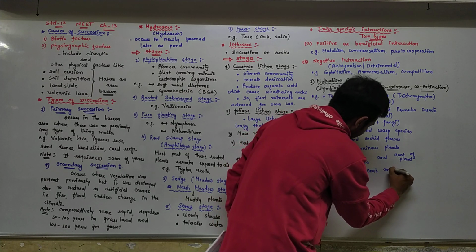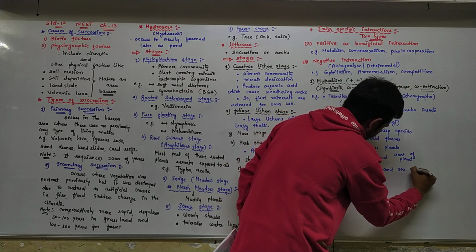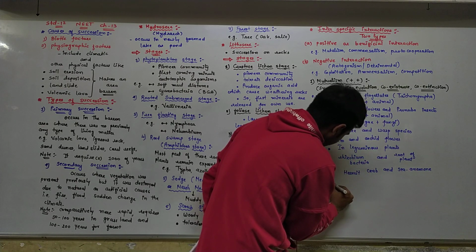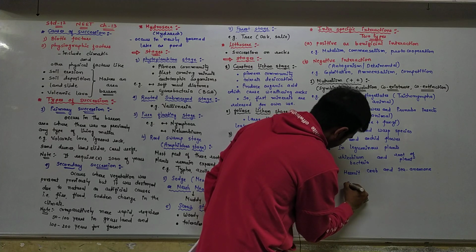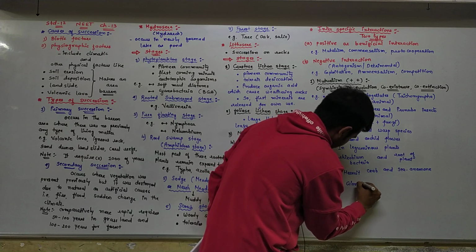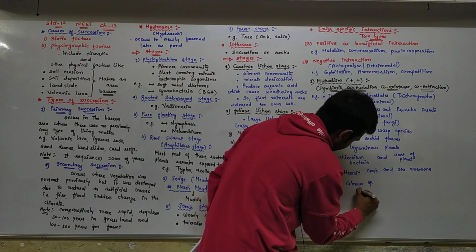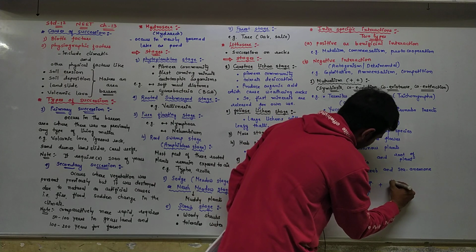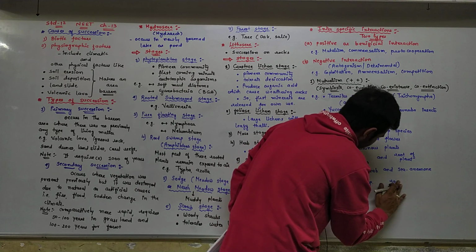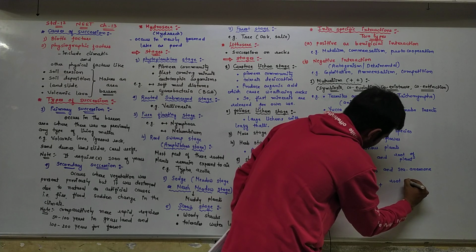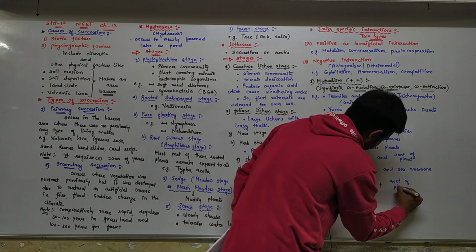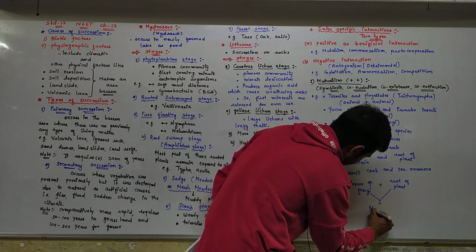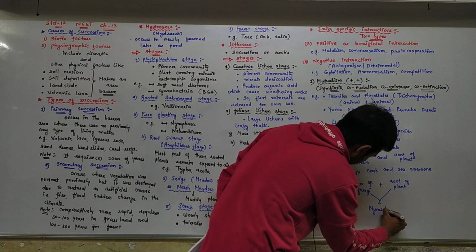Hermit crab and sea anemone. Glomus species fungi associated with the root of the plant. It is known as mycorrhizae.